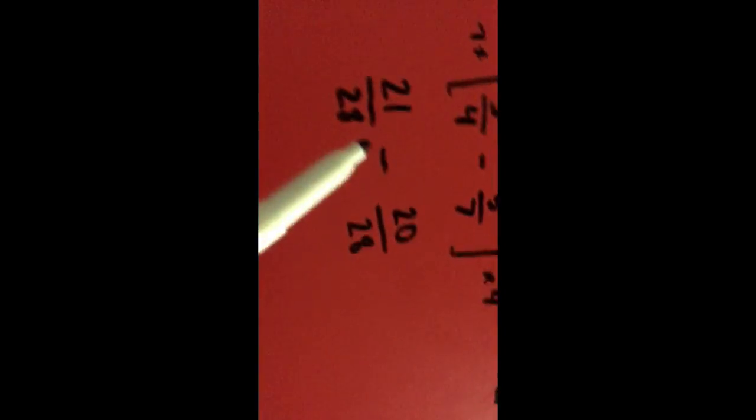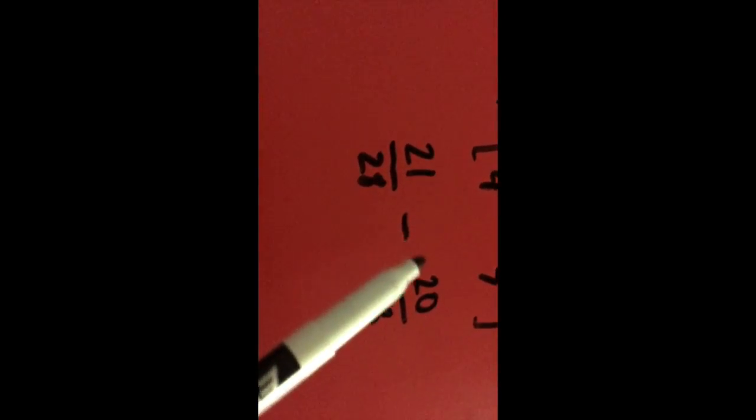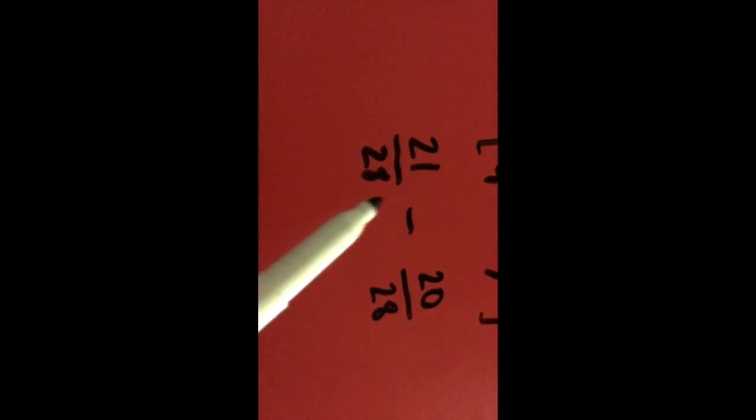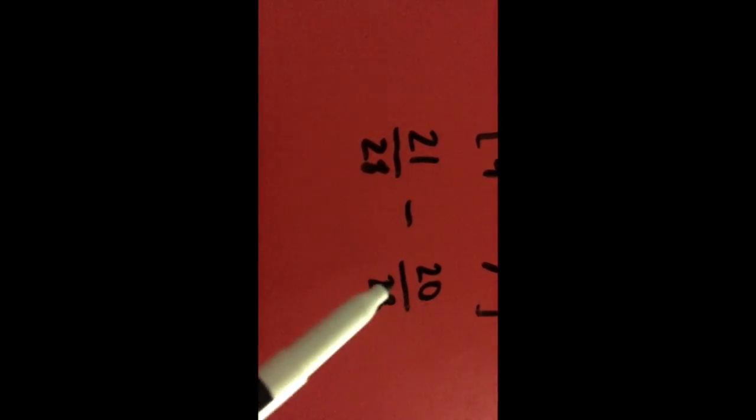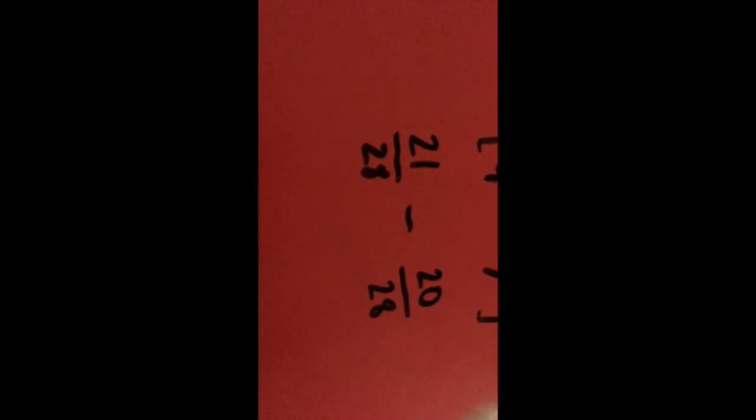So now we need to subtract. But wouldn't 21 over 28 minus 20 over 28 just give you 1 over 0?